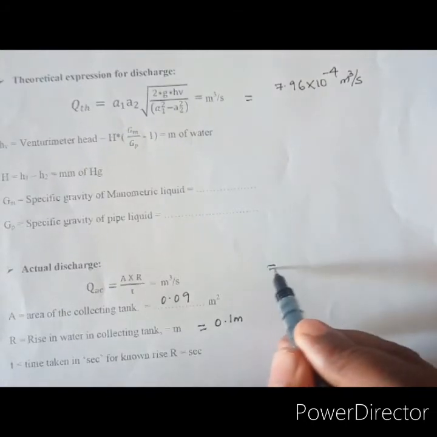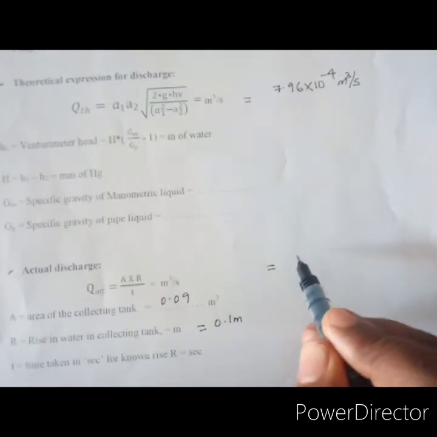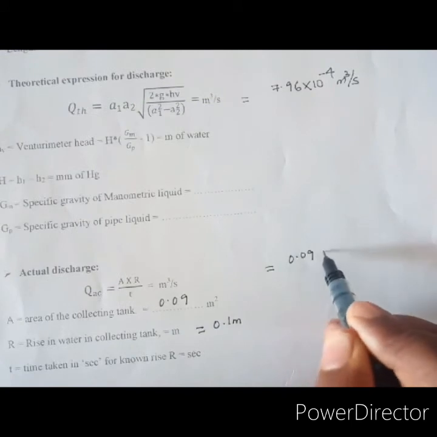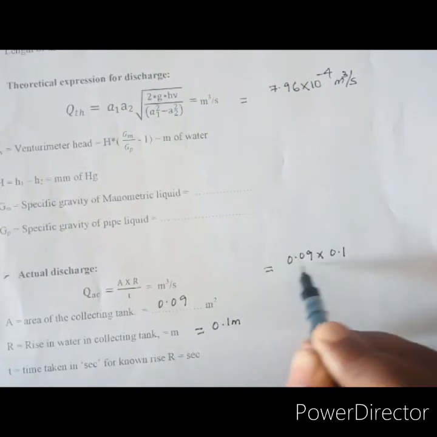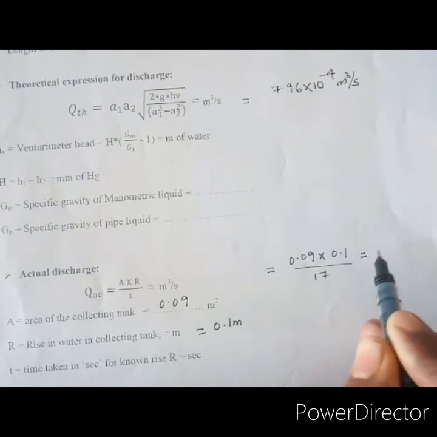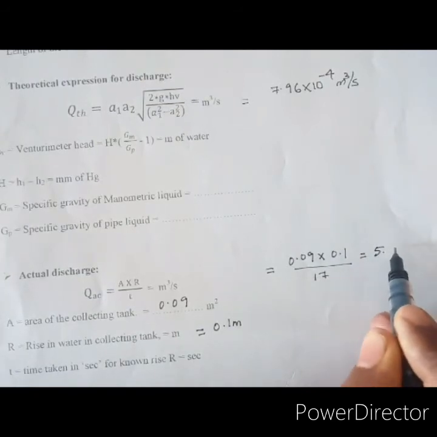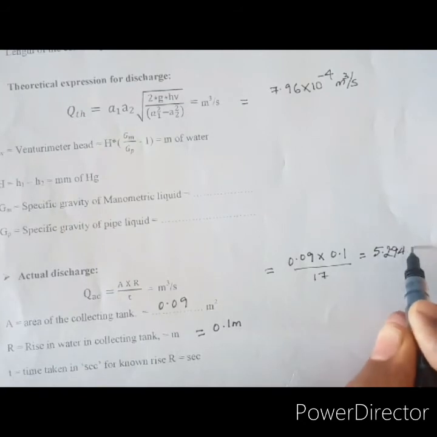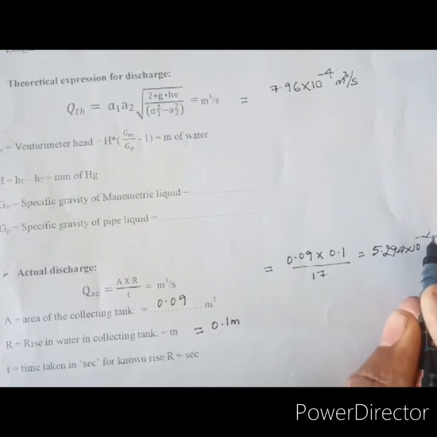Substituting A as 0.09, R as 0.1, and the time taken as 17 seconds, the Q actual will be 5.294 × 10^-4 m³ per second.